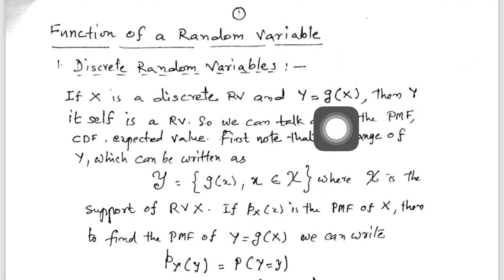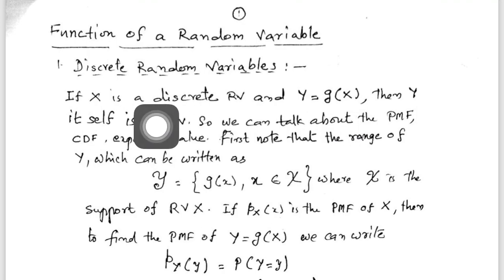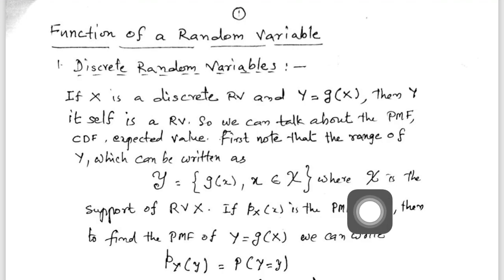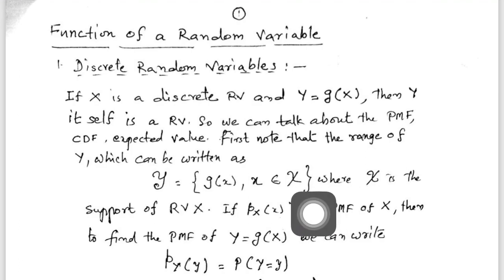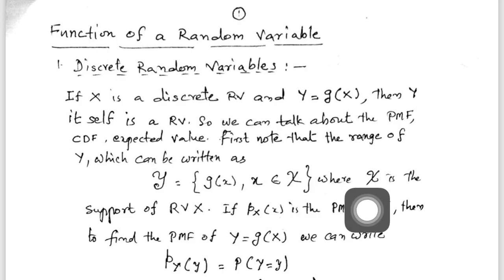If the range of random variable X is known, which you denote by script X. For example, suppose X is a Poisson random variable, you know that script X is equal to the set of 0, 1, 2, 3, etc. up to infinity. Whereas for binomial distribution, the script X is 0, 1, 2, 3, etc. n. In the Poisson case, it is a denumerable infinity, whereas in binomial distribution, it is a finite set.